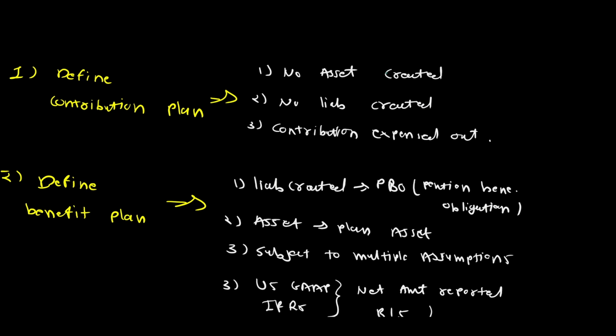The risk is on the employee. For example, the company says, hey, we will give you 5,000 every month in your pension account. After that, it's your job to grow it.